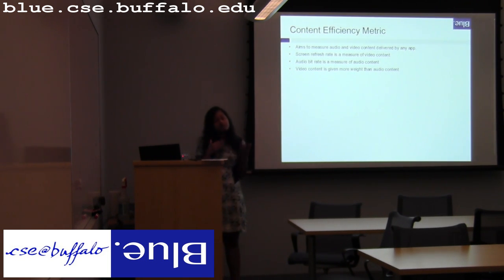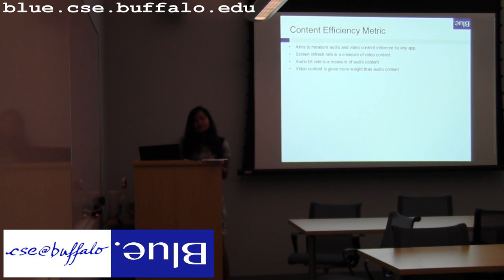Initially, we tried using screen refresh rate as a metric for measuring video content and sample rate or audio bit rate for audio content, where we assigned more weightage to video content over audio content, saying that to provide video frames, you spend more energy than to play audio. But we didn't find a very conclusive result, which showed that most probably our way to quantify visual and audio content was just too simple.